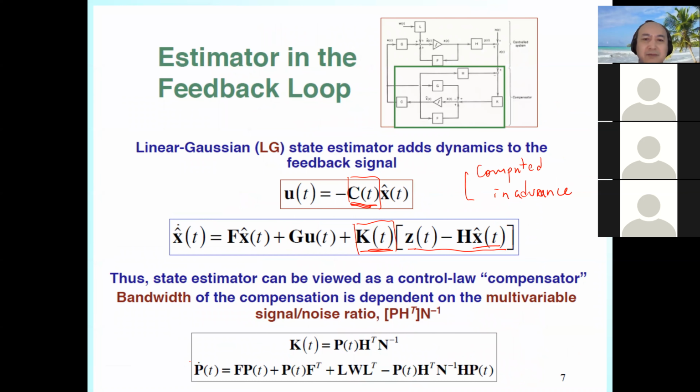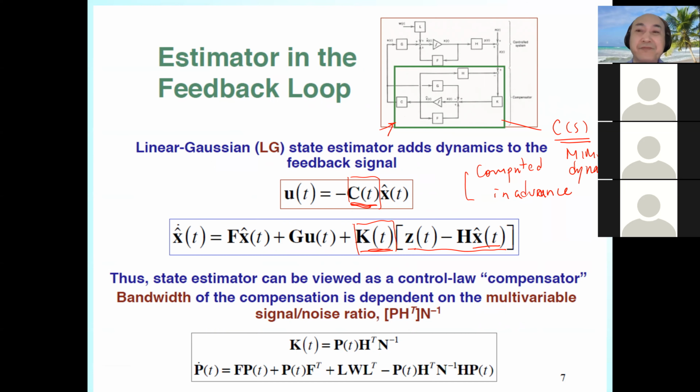So we can definitely view the part in here as my dynamic controller with the estimator built into the feedback system. The overall controller transfer function matrix is a MIMO dynamic controller.